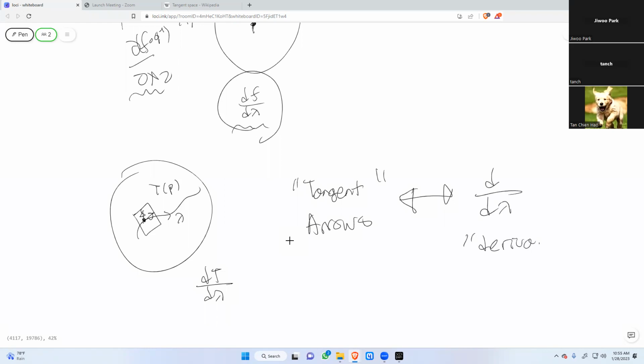So what you're saying is that the derivative d over d lambda of the temperature along the curve can be thought of as dx mu over d lambda times dT over dx mu.